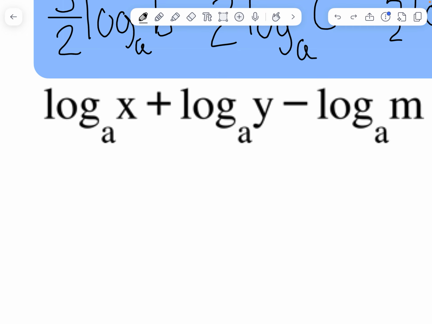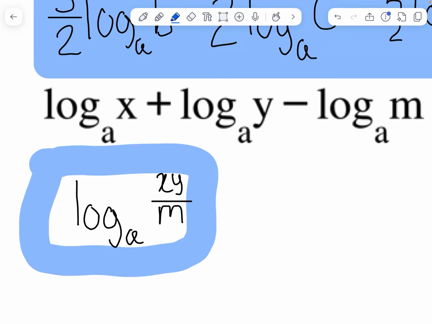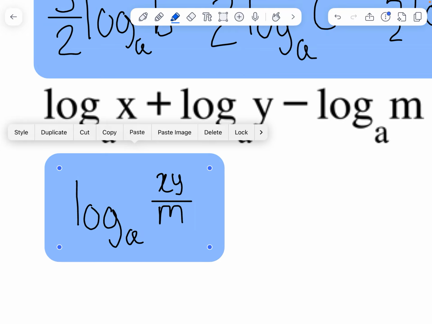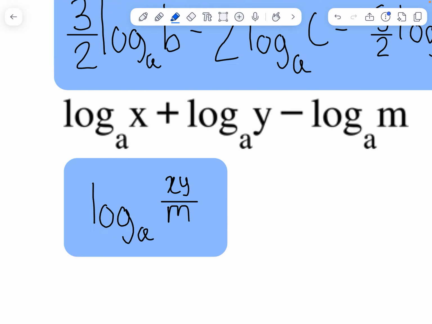So that would mean this is log base a of xy over m. So this is our answer.